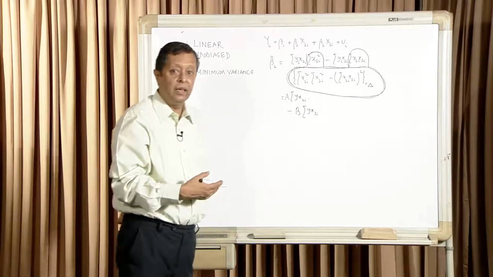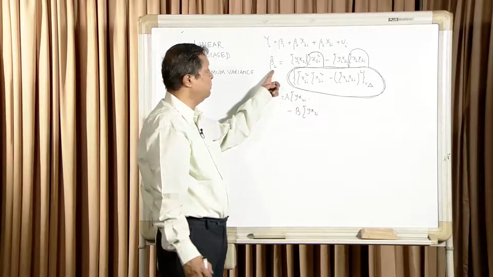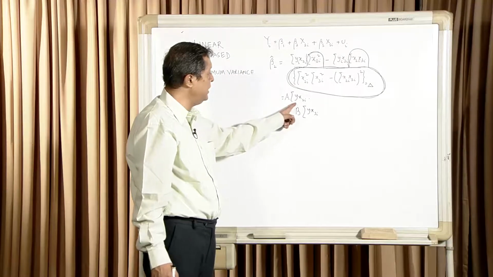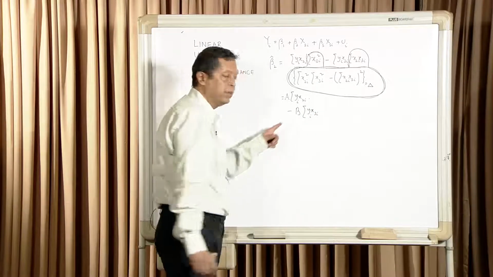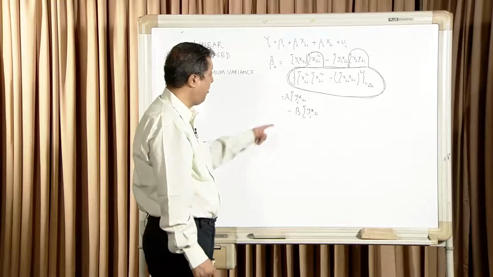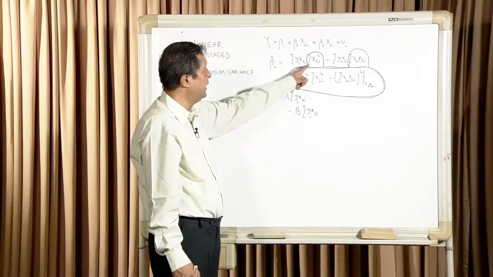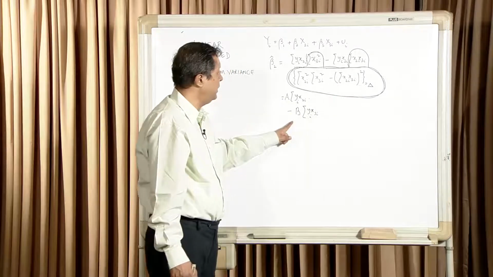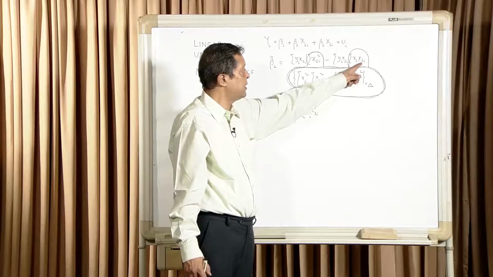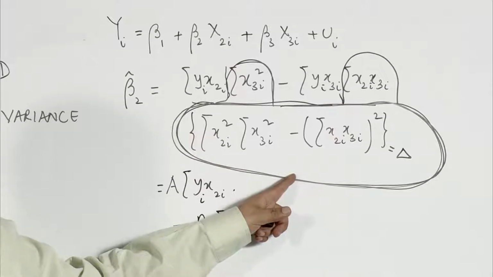That very clearly shows that beta 2 hat is linear in the small yi's. That is very clear, because A is summation x3 square divided by delta and B is summation x2 x3 divided by delta.